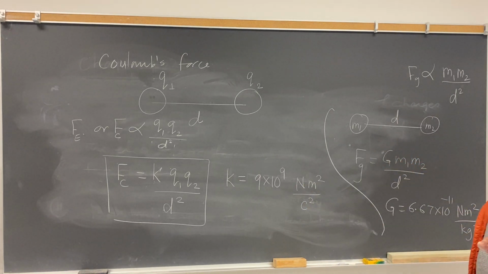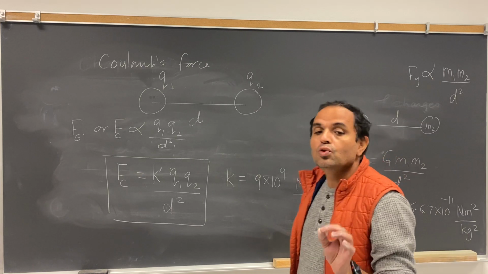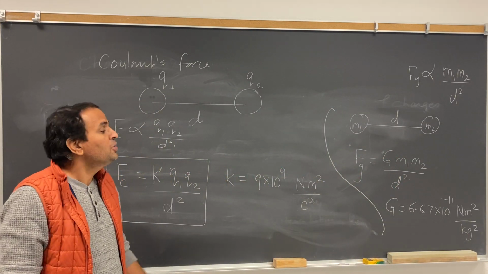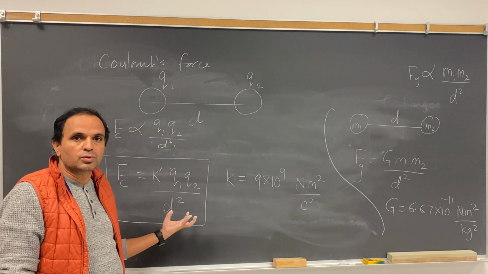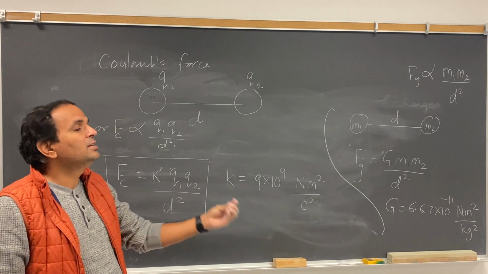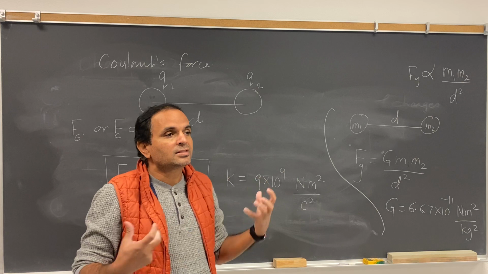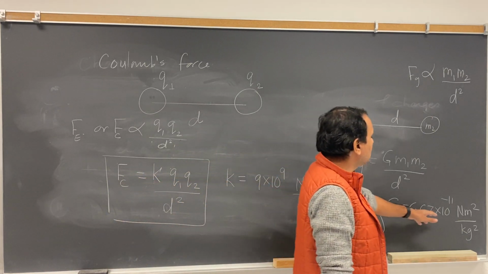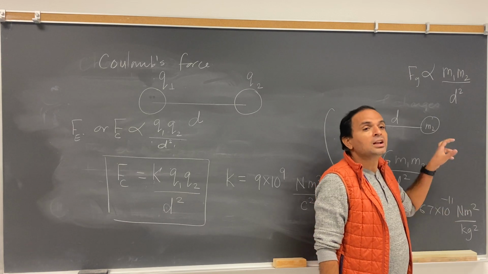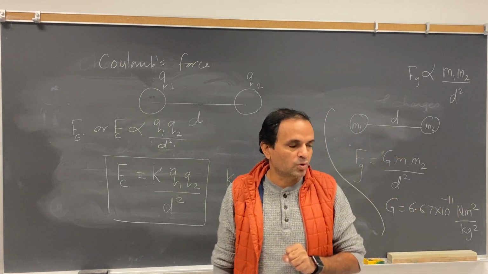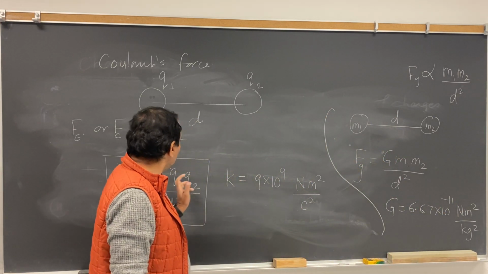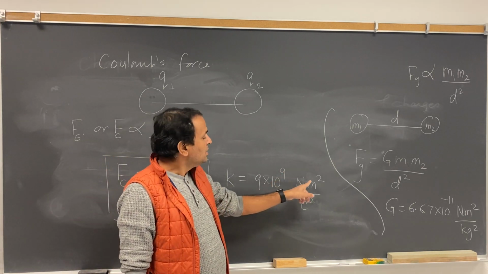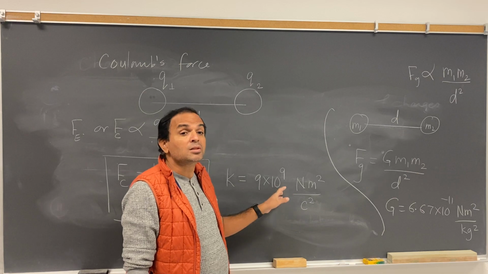That's why the electrostatic force, Coulomb force, is much bigger than the gravitational force. You can easily realize the Coulomb force, electric force, but it is really difficult to realize the gravitational force, because the gravitational constant is 6.67 times 10 to the power negative 11, while the Coulomb constant is 9 times 10 to the power positive 9 Newton meter square per Coulomb square, a big number.